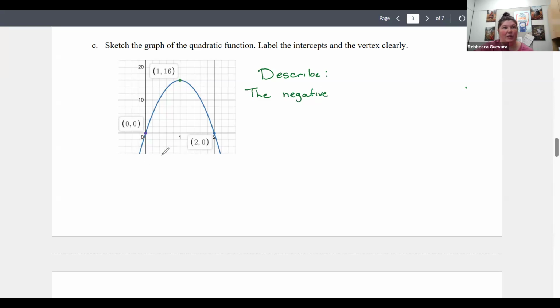So technically this is going below the x-axis here and here. So the negative parts of the graph are unimportant, because we can't be below 0 feet.